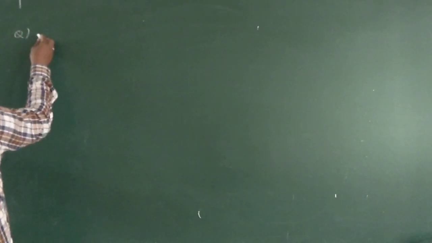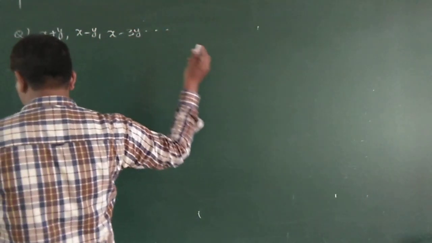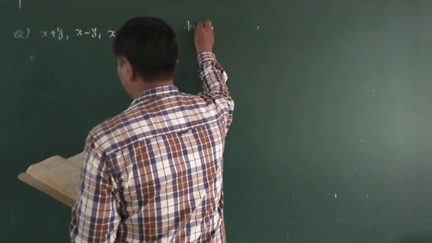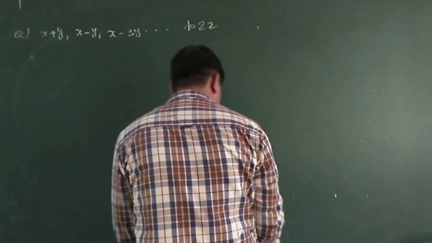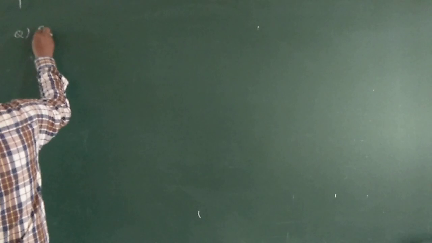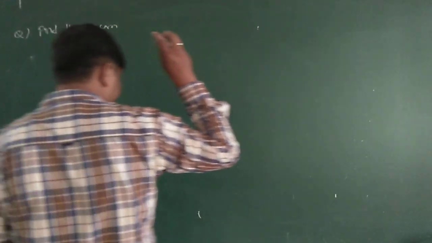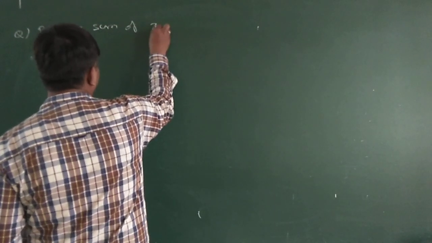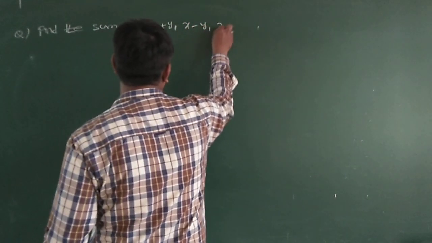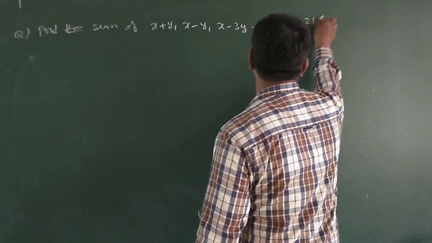See here, another question. If x plus y, x minus y, x minus 3y and so on to 22 terms, find the sum of x plus y, x minus y, x minus 3y and so on to 21 terms.